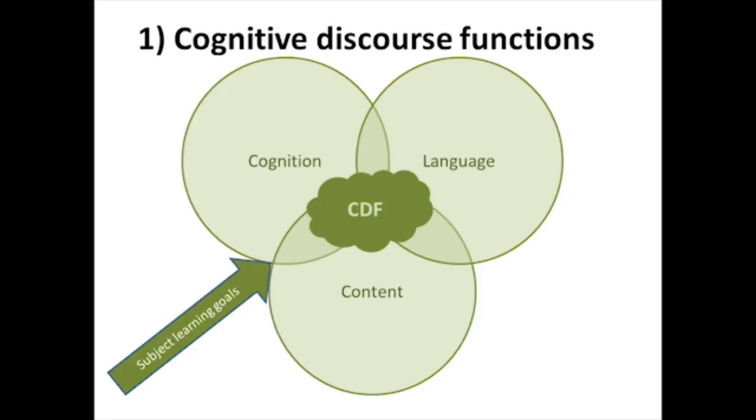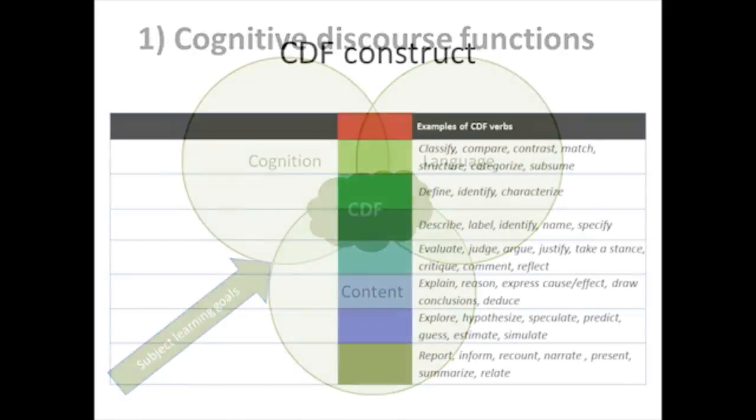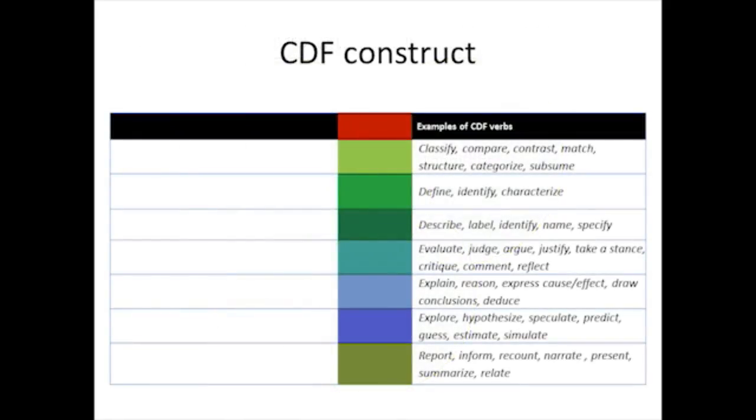That is the intention behind the cognitive discourse functions: to serve as a bridge concept between language pedagogy and subject pedagogy. You find them formulated in subject learning goals. Here is a list of such verbs that you find in curricula, and they're already grouped into baskets.